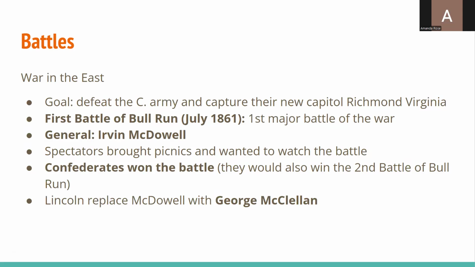These summer soldiers, like their Southern counterparts, were eager for fame and fighting, and they would soon get the chance to prove themselves at a little Virginia crossroads called Manassas Junction. That is where we have the first major battle of the war, the first Battle of Bull Run in July 1861.